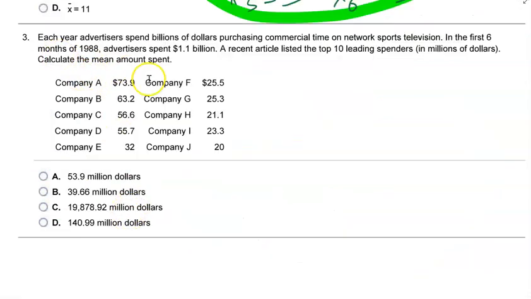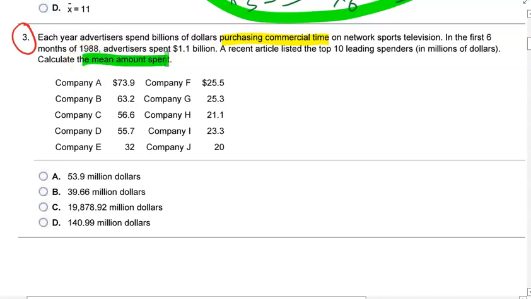This question looks like a word problem. There is a company and the dollar amount here. In other words, this 73.9 is how much company A spent for advertising. This is the money spent in commercials for advertising by 10 companies, and the question is asking to find the mean amount spent.